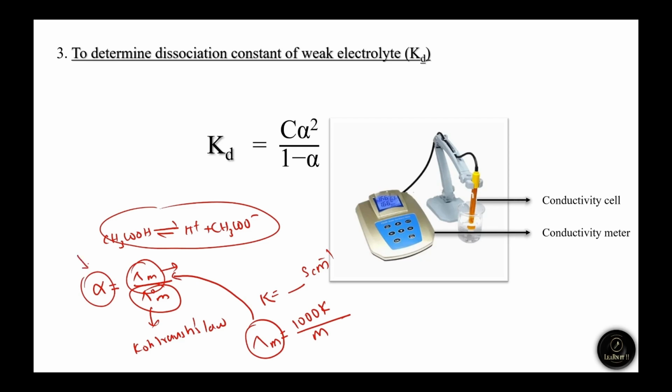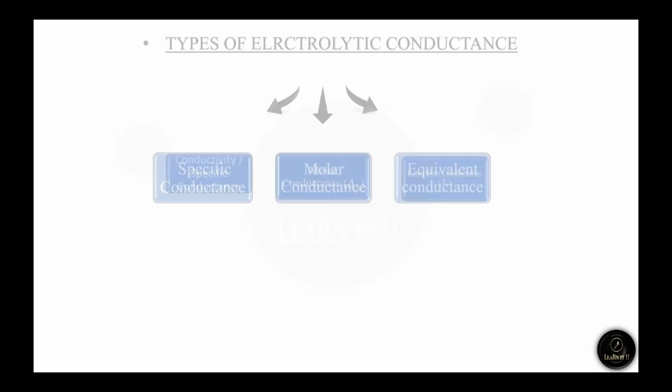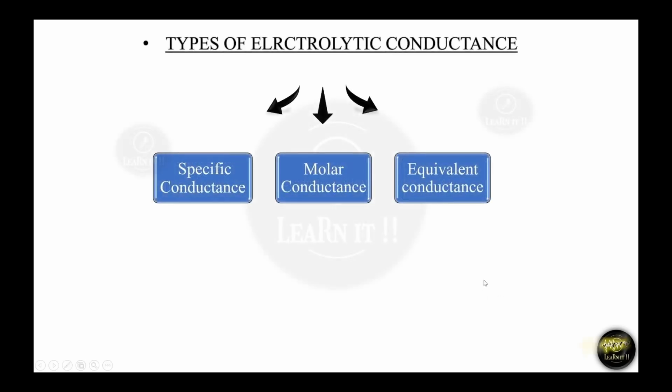So if we take this alpha and put it in this, then we get the Kd. So this completes molar conductance.